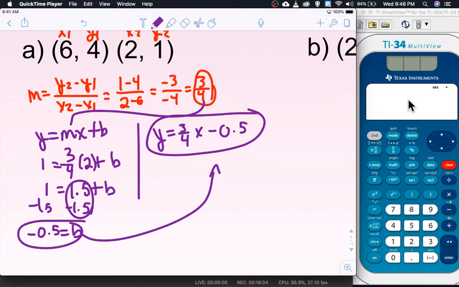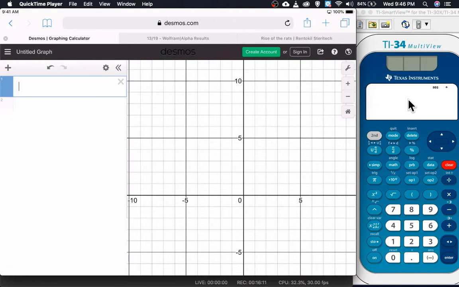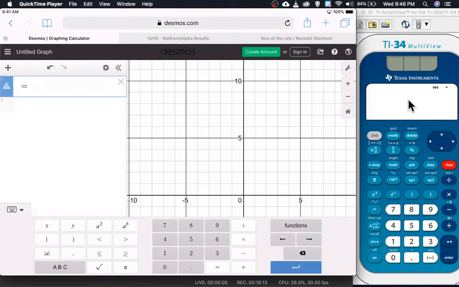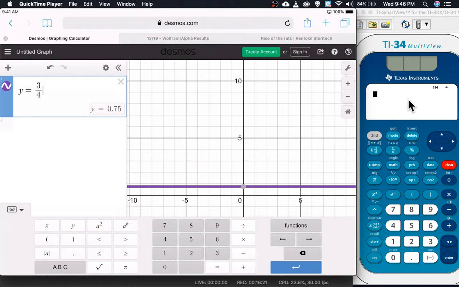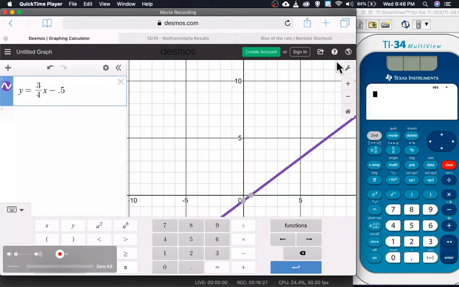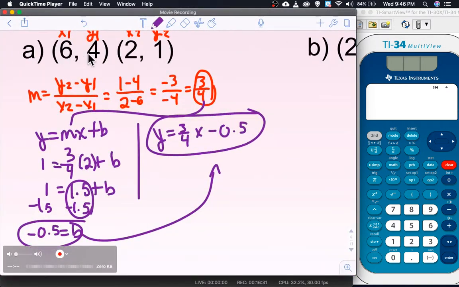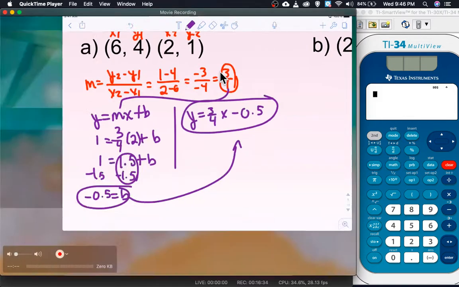And I can prove it by hopping into Desmos. Y equals 3/4 x minus 0.5. All right, and we said it was going to go through the points 6, 4, and 2, 1.